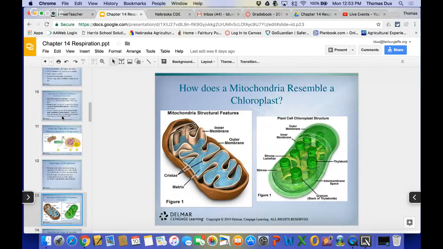This is a resemblance a little bit. You can see that the mitochondria does have these internal parts to them, structure inside, but it doesn't quite have the stroma, the grana, the thylakoids. It doesn't have that. It has this cristae and the matrix, which is what we're going to be looking at.